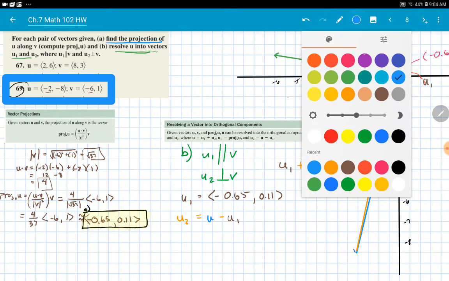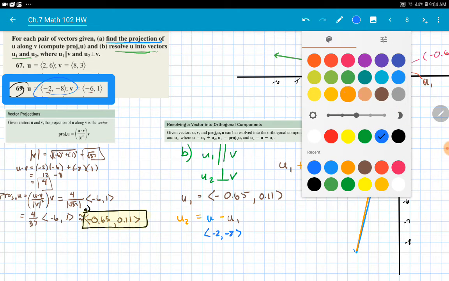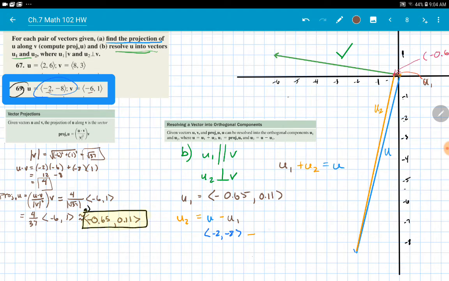So now plugging some numbers in here. So for the blue vector, we have given to us. That is -2, -8. And then we want to subtract the brown vector, which is that tiny one that we found, that projection, which is the -0.65, 0.11.